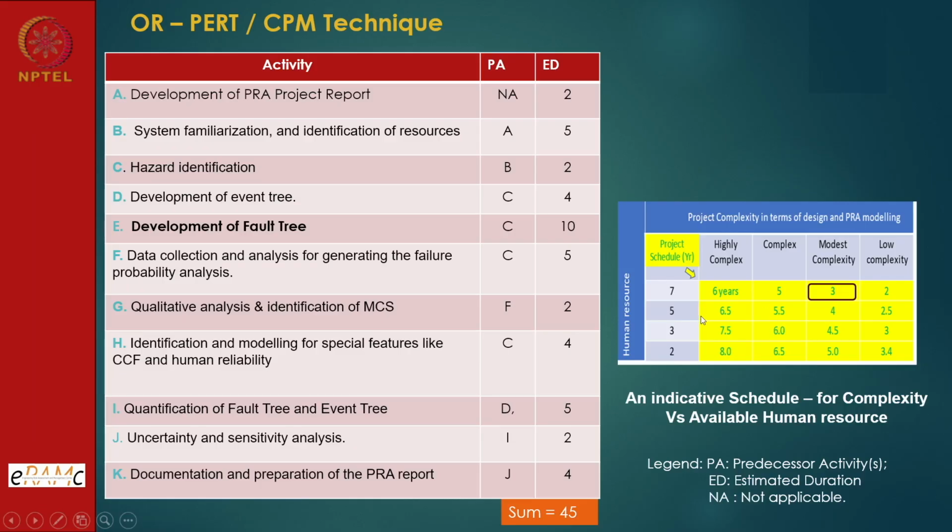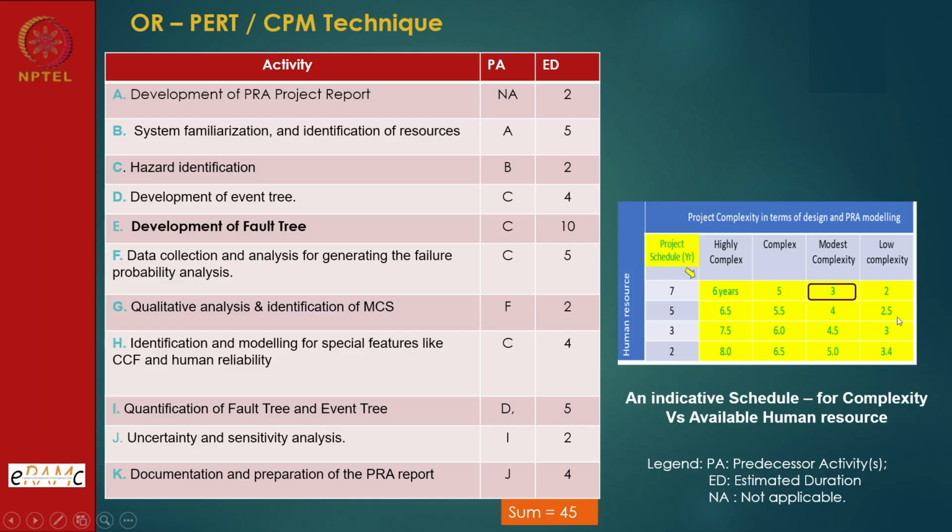And how has this matrix been developed? Well, I will not say any mathematical computation has been done. It is based on one of the IAEA documents, which didn't distinguish between complexity and all that, but said this much manpower is required, and gave backup. So those were the references and my personal experience.